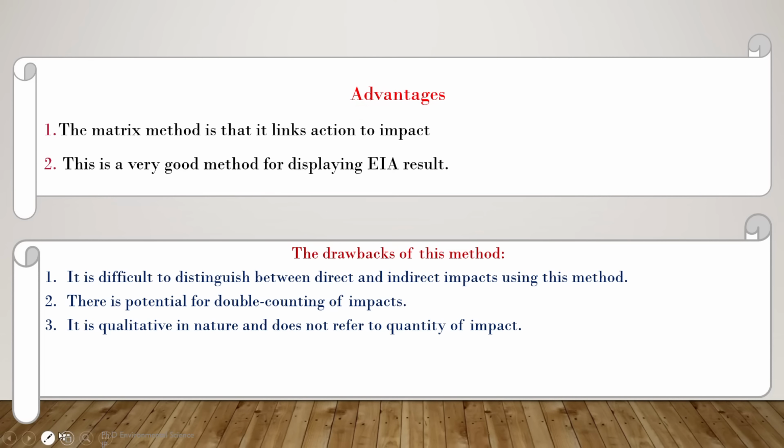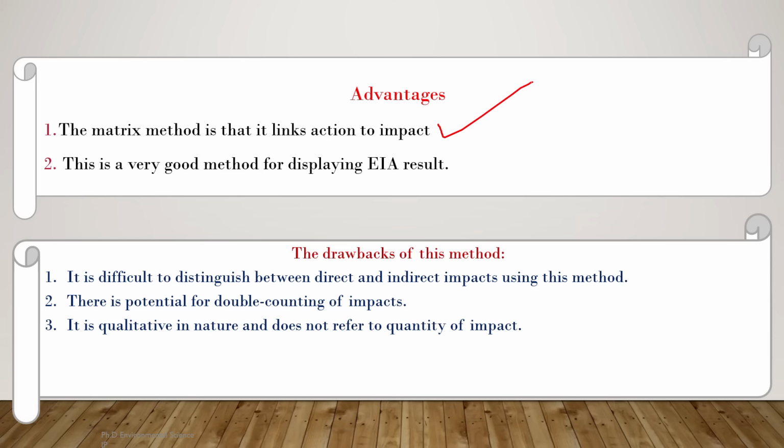Advantages of the matrix method. The matrix method explicitly links specific project actions to their corresponding environmental impacts. This direct correlation helps in understanding how each activity contributes to potential environmental changes.